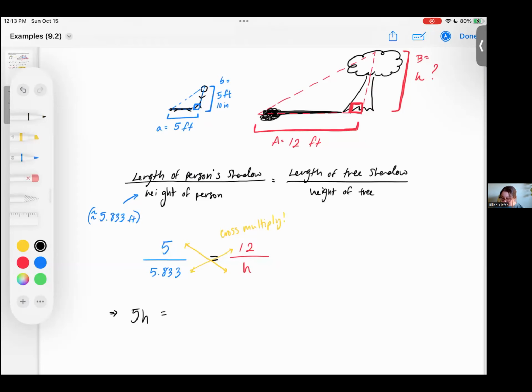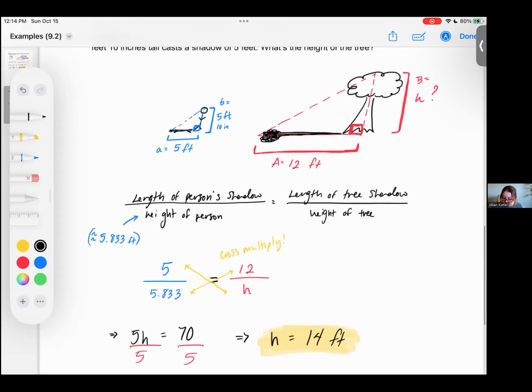So 5H is equal to 70. We want to solve for H, so we divide by 5 on both sides to get H is equal to 14 feet. So the height of our tree would be 14 feet tall.